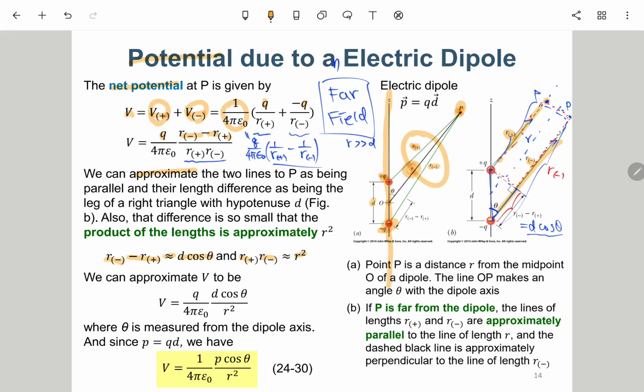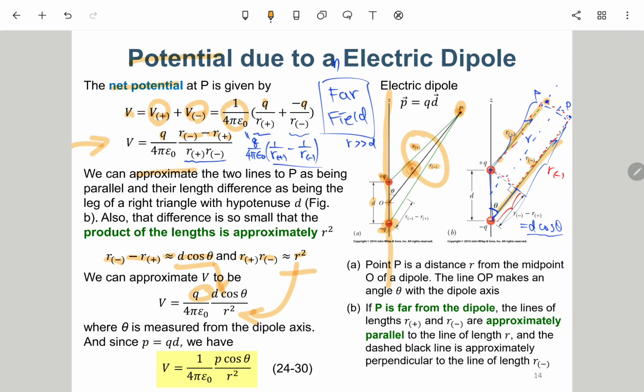So actually we plug this back to here. We have V equals Q over 4 pi epsilon naught, and then D cosine of theta goes to here, and R squared goes to here. If you still remember, we have defined the electric dipole moment, which is P equals QD.